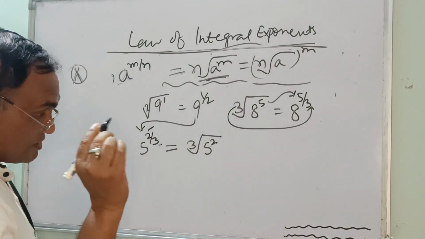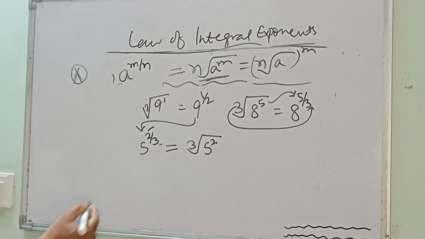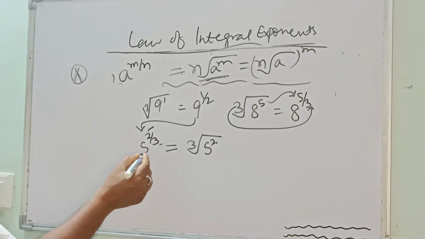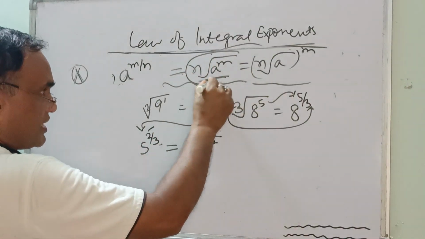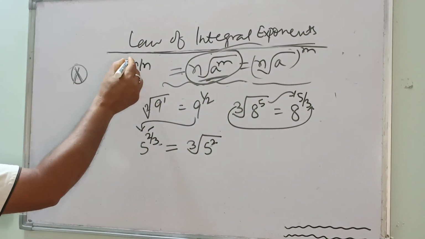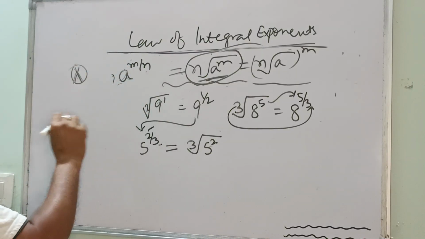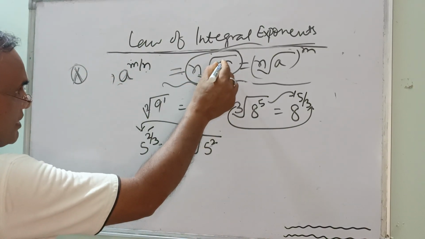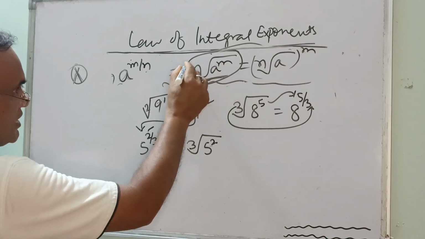You must remember this. Gentlemen, the same thing I have got here. Just look at this. Here is m upon n. This is your numerator part, this is your denominator. So here you are writing this n comes here and m is a power. The same thing I have written.